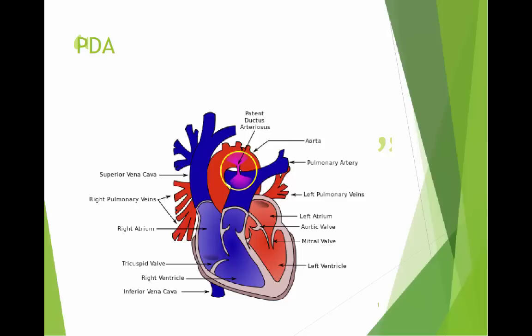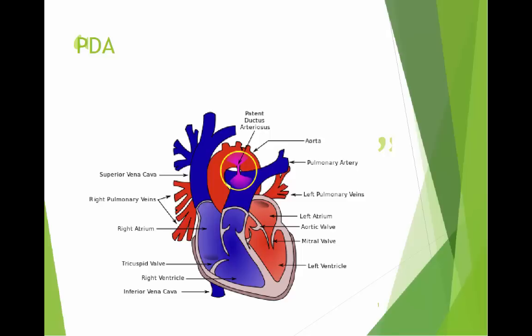It is necessary for proper fetal circulation, but at birth, the rise in pulmonary artery oxygen pressure and decline in prostaglandin concentration causes closure of the ductus arteriosus, typically beginning within the first 10 to 15 hours of life. It is a normal process, and the physiological consequence depends on ductal size.